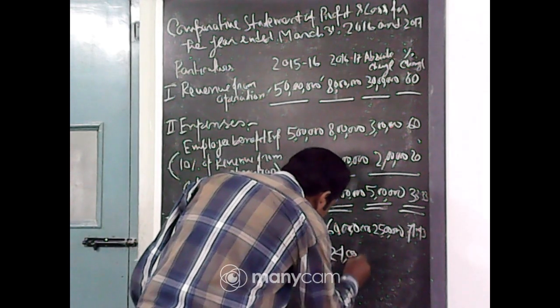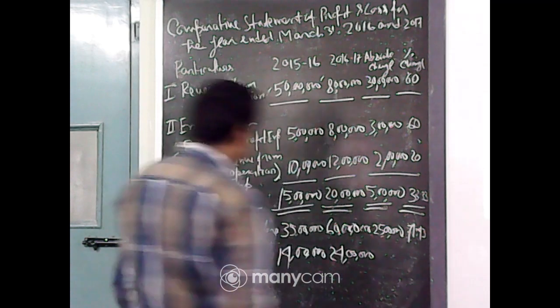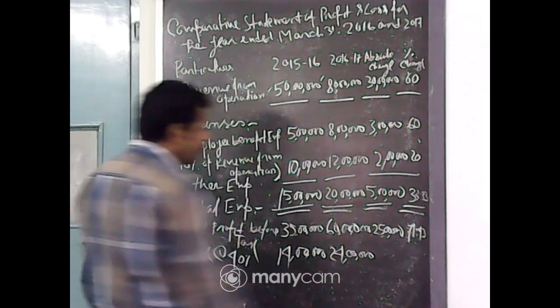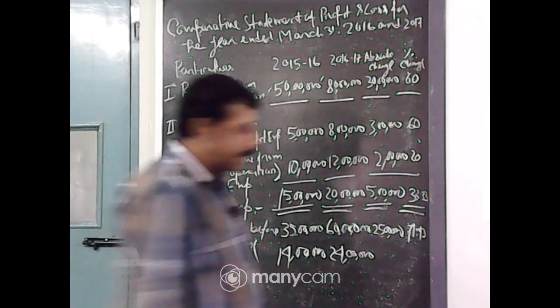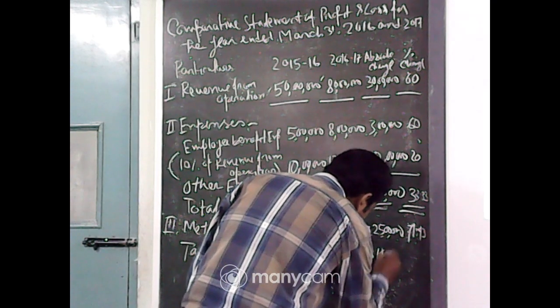And again you have to find the absolute figure: 24 lakh minus 14 lakh, that is 10 lakh.